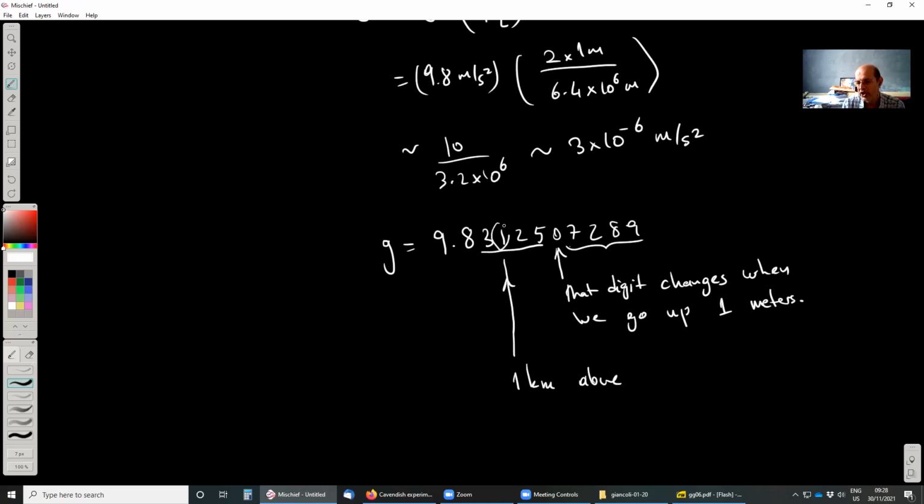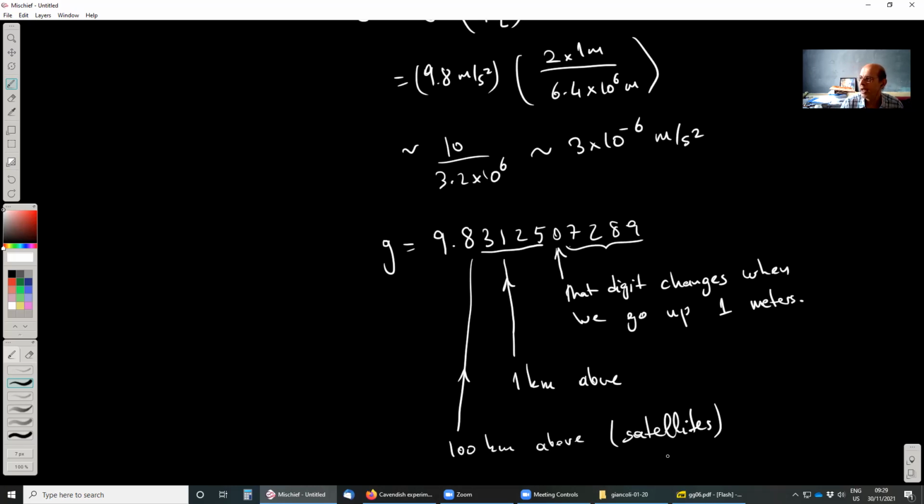That digit is going to change. And if I go 100 kilometers above, in that case, the first digit after the decimal point is going to change. And interestingly, this is the location of the satellites. So that's one of the interesting things.